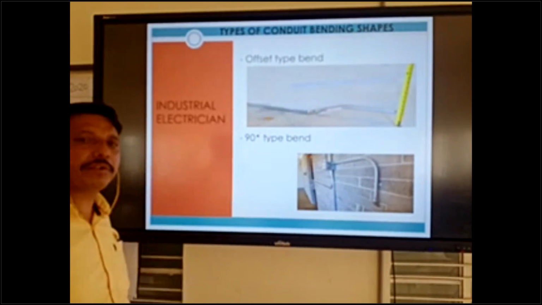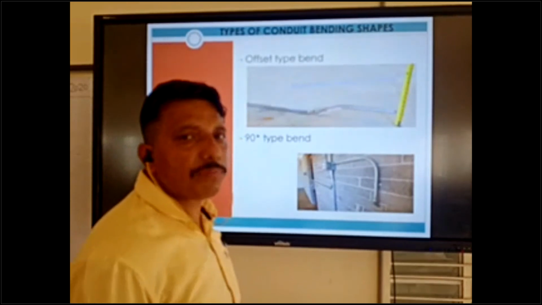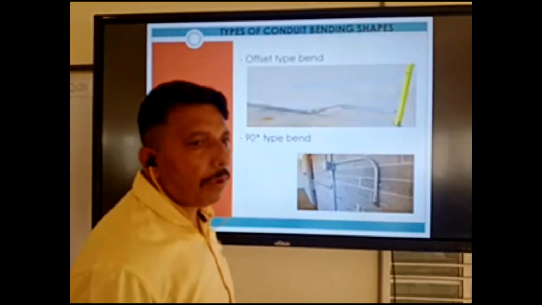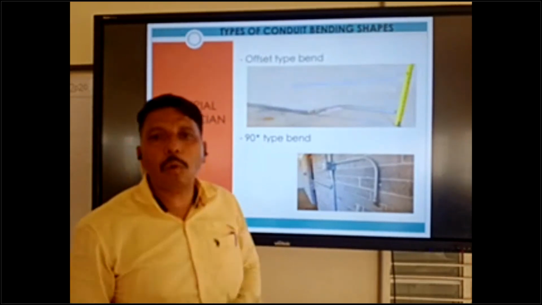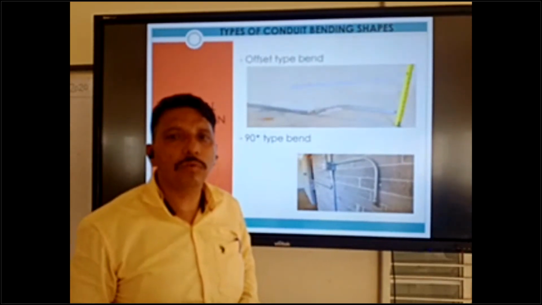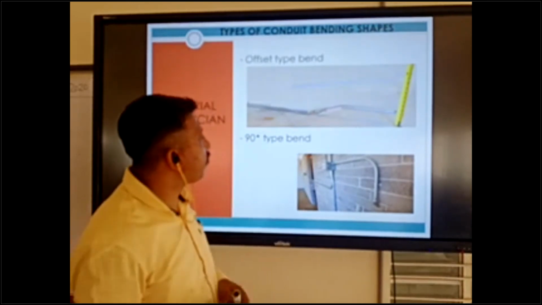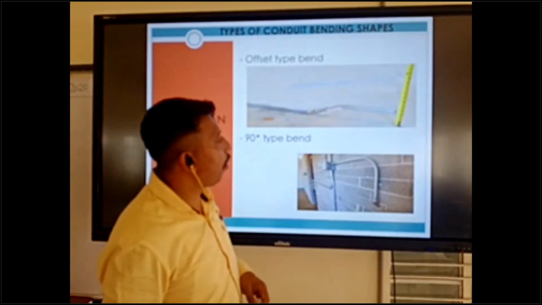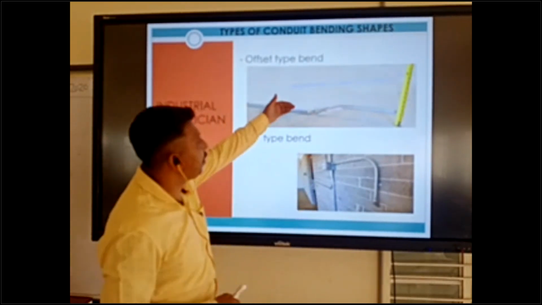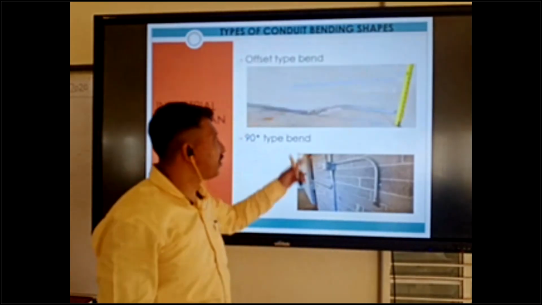How to make the offset? Don't forget the offset formula. What is the formula of offset? Object height times 1.42 mm. If you make the offset, sometimes you need a down offset and sometimes an up offset.